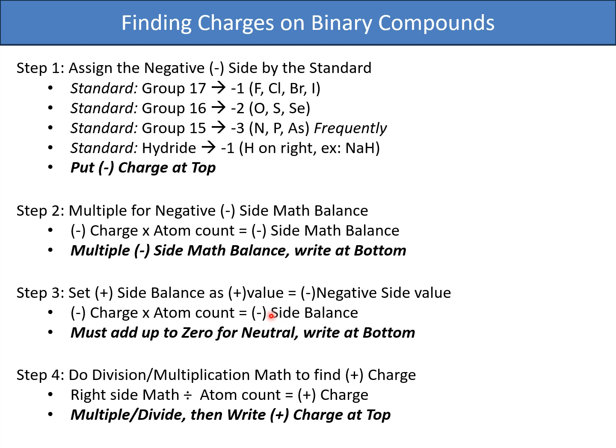And so we're going to take this negative side balance, and then we're going to set that to a positive. So it must add up to 0. So this is how you decide what it's going to be. Negative charge times the atom count gives you the negative side. And then you're going to set that, the left side now, to a positive. Get it? So it must add up to 0 for a neutral.